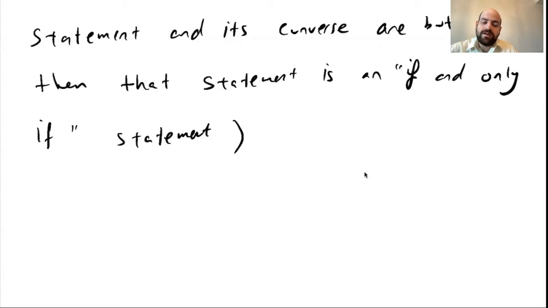What is the converse? The converse is if you get a good grade, then you must have studied hard. So it's an if and only if statement: you get a good grade if and only if you study hard.